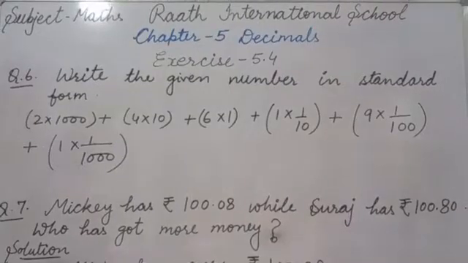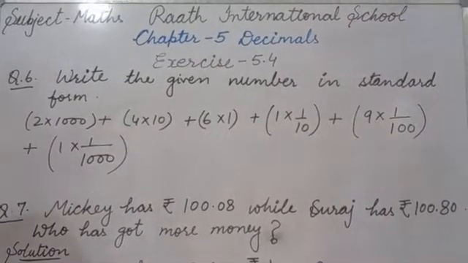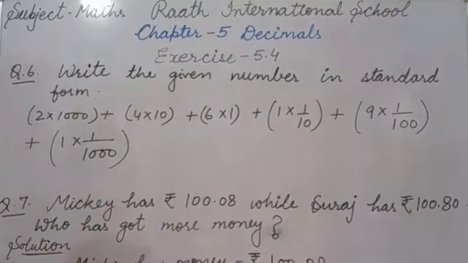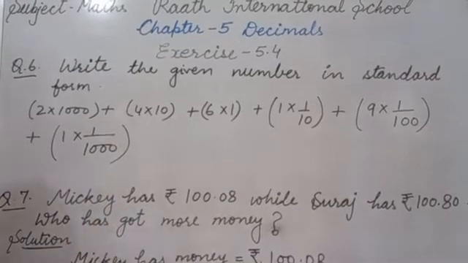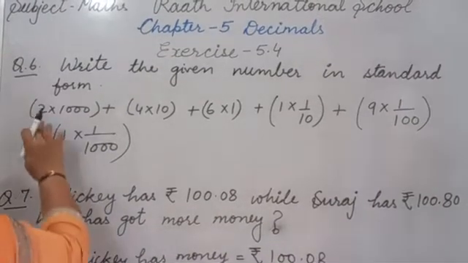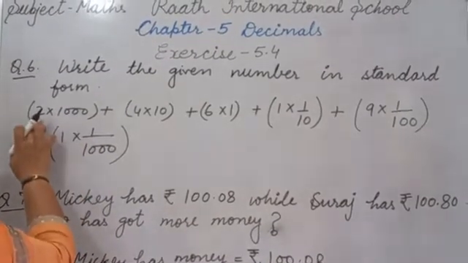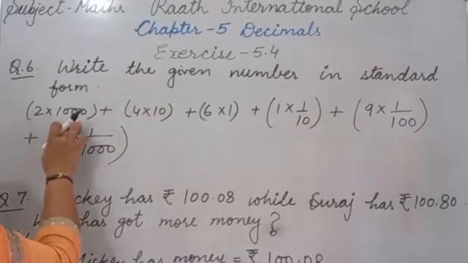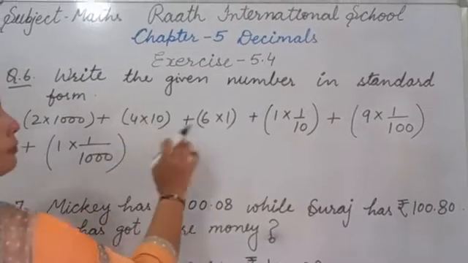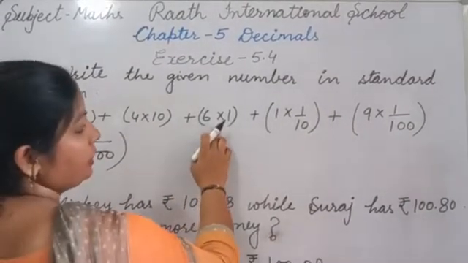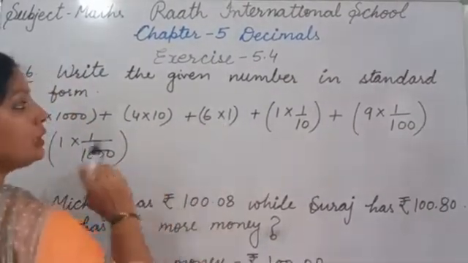Question number 6. Write the given number in standard form. The expanded form is given and you should write it in standard form, meaning short form. There is given 2 into 1000, which means 2 on the thousands place. Then plus 4 into 10, meaning 4 on the tens place. Plus 6 into 1, meaning 6 on the ones place.